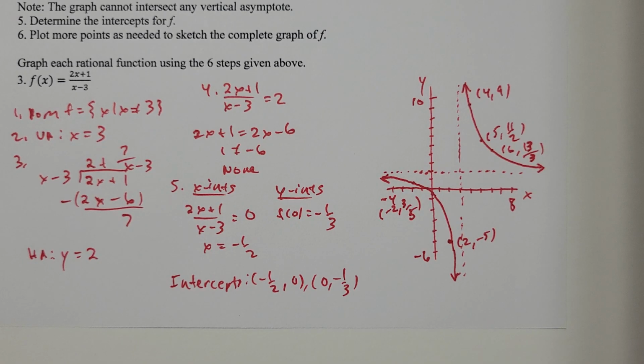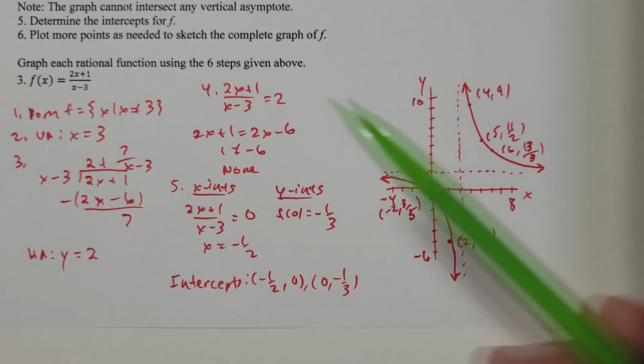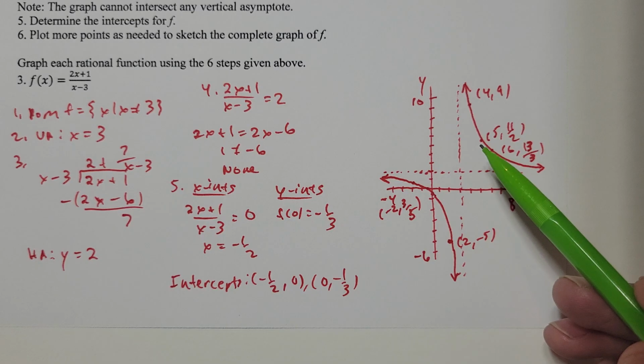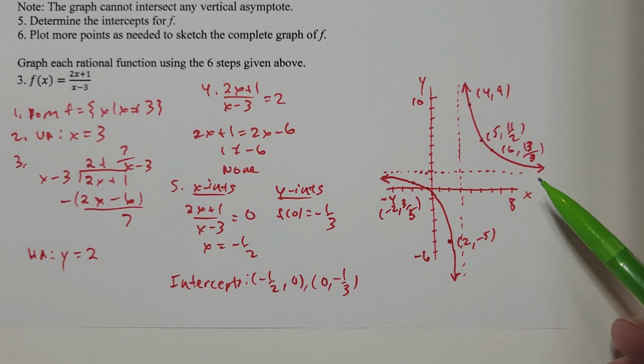And another thing too: how do I know that I don't have any graph down here? Well, because I have a function, so it's going to pass the vertical line test. So me plotting just 1 point up here tells me the rest of the story about what's happening to the right of x equals 3.